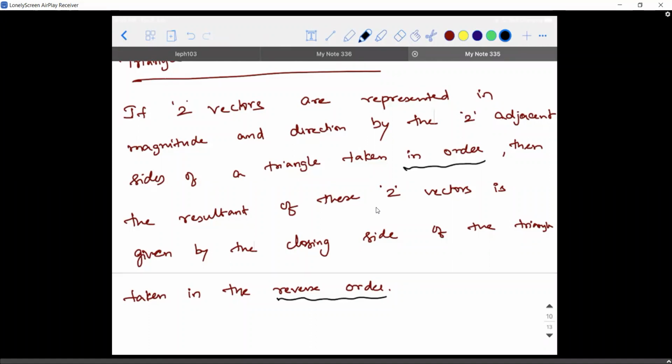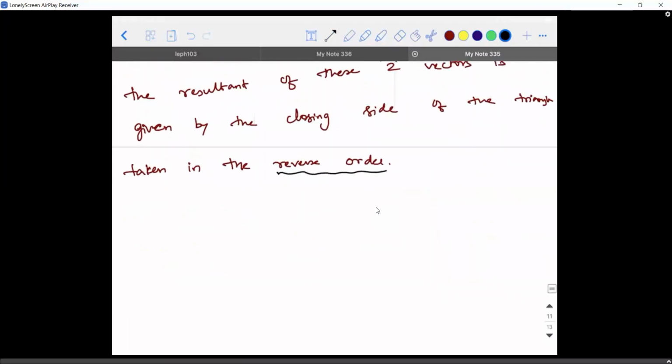Yes, sir. So what I'm trying to say here is, for a triangle to be formed, how many vectors do I need? Logic is very simple. I need 3. Out of those 3, first let me take any 2. This is one vector.